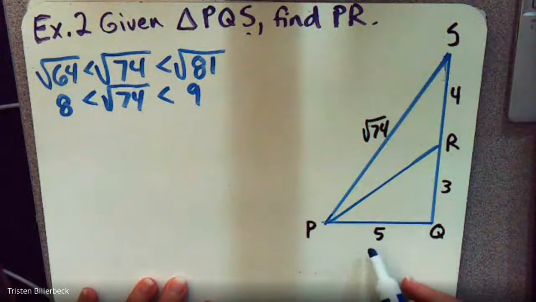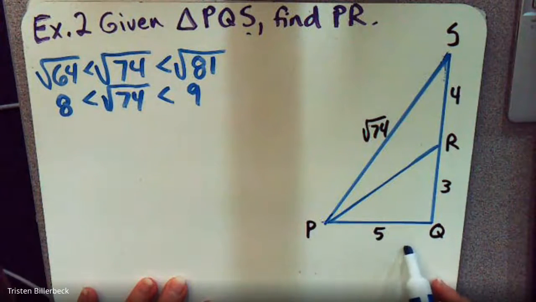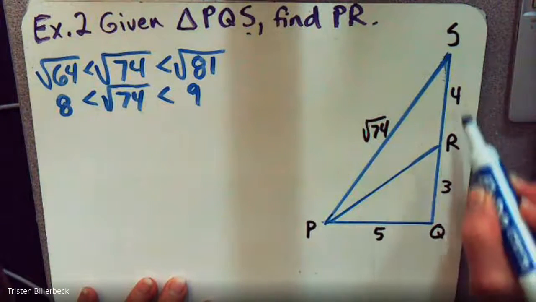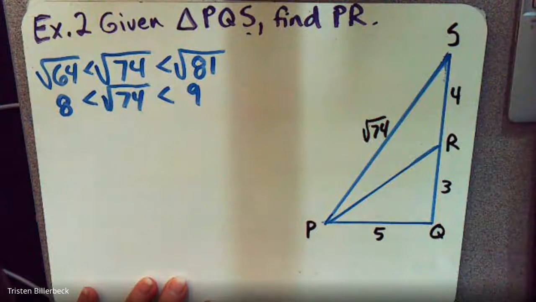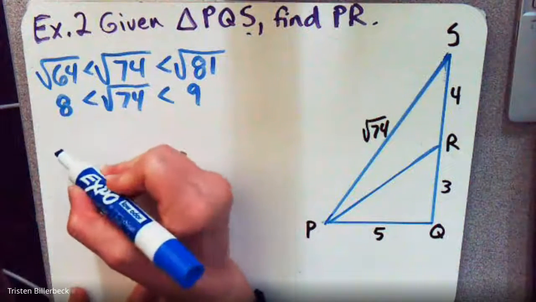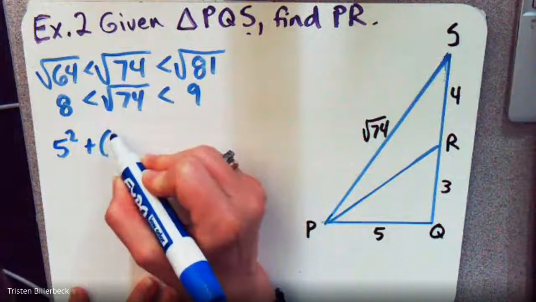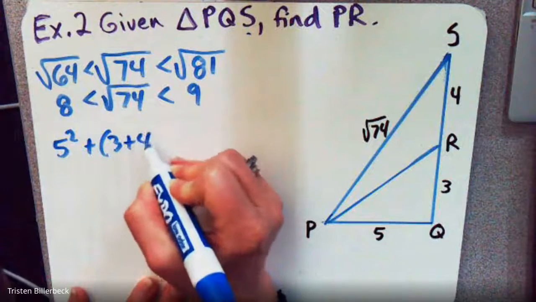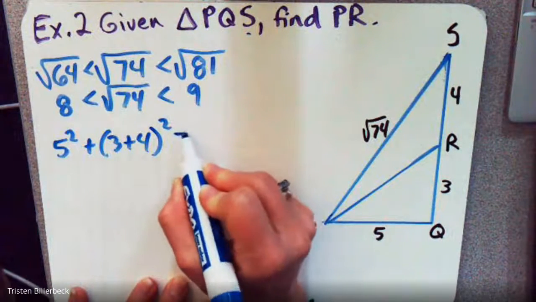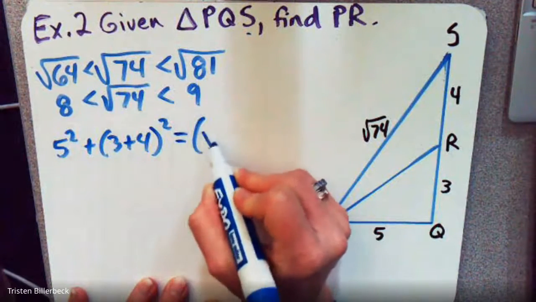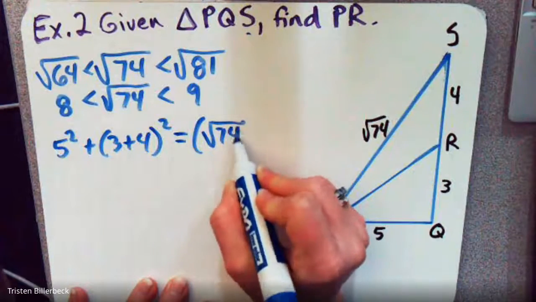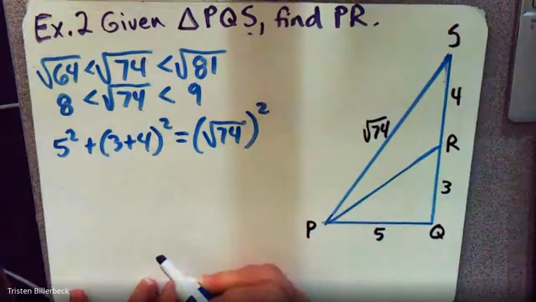Okay, so then that means that this side length is 5 and this side length is 7. So clearly the square root of 74 is the hypotenuse. So we're going to write 5 squared plus 7 squared should equal the square root of 74 squared.